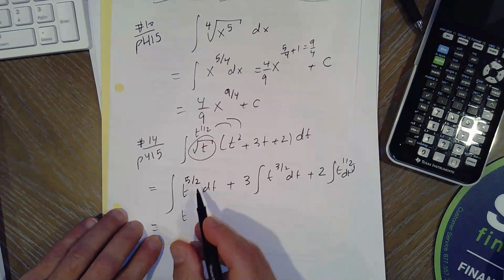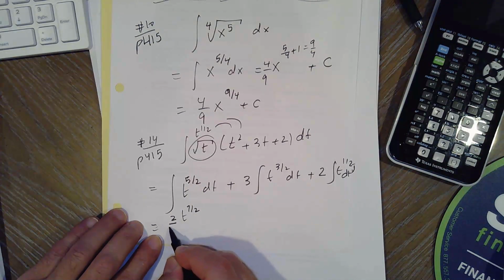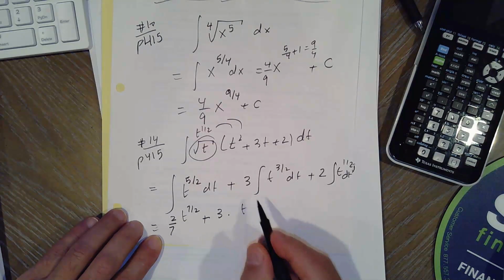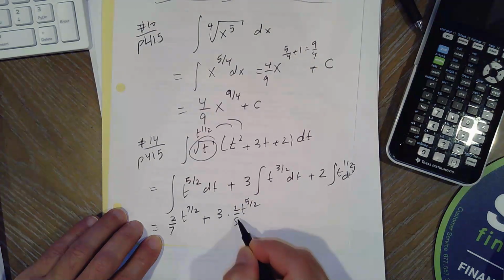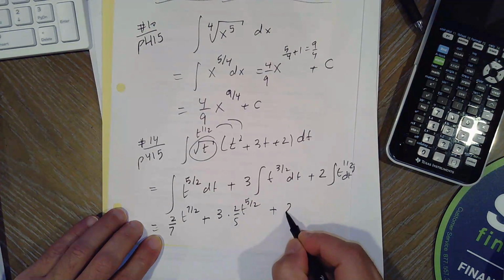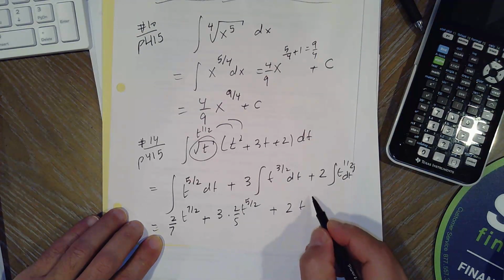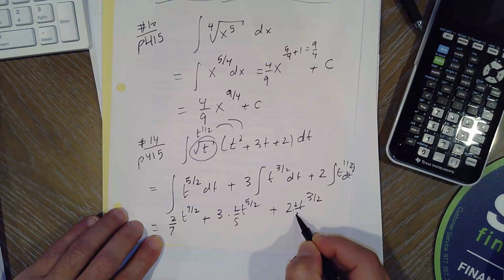So add 1 to 5 halves, 7 halves, divide by 7 halves or times the reciprocal. 3t to the 3/2 plus 1, 5 halves times 2/5, and then 2t to the 1/2 plus 1 is 3/2 times 2/3, plus c.